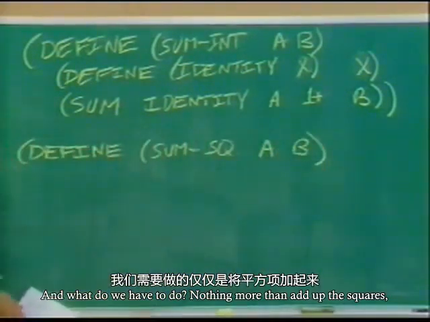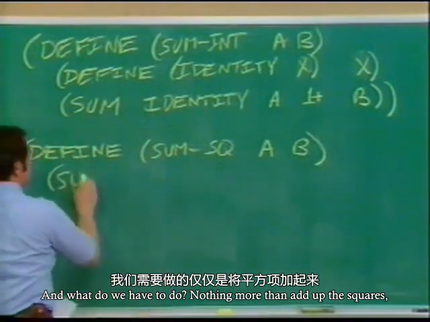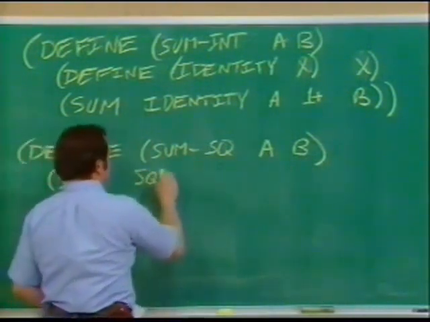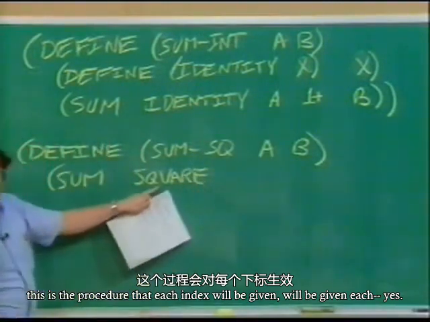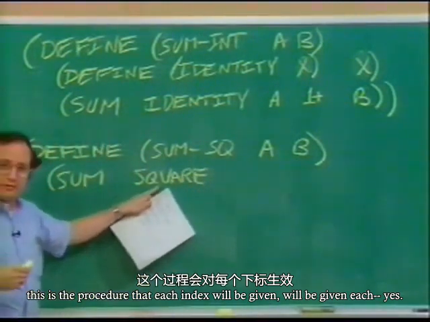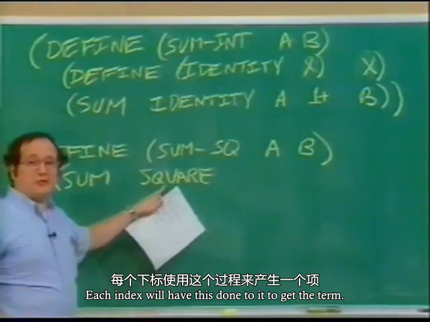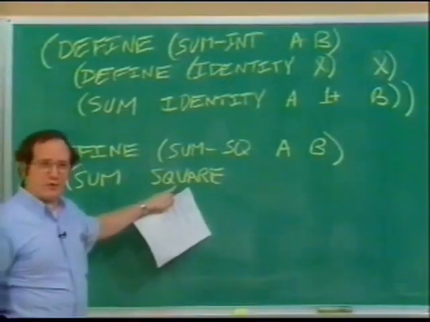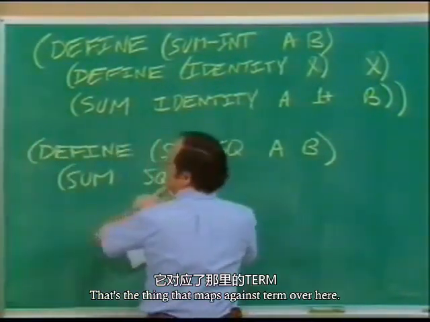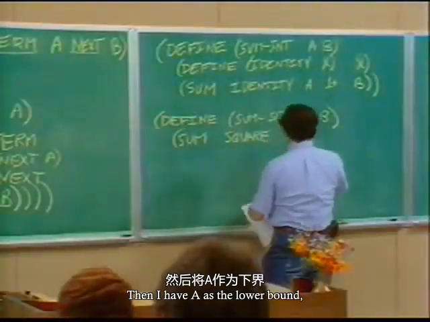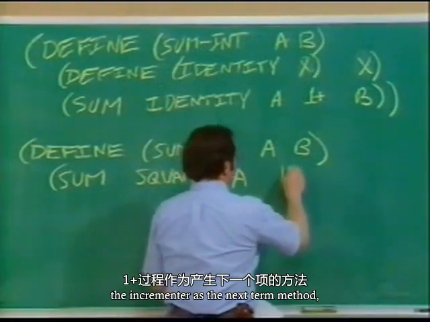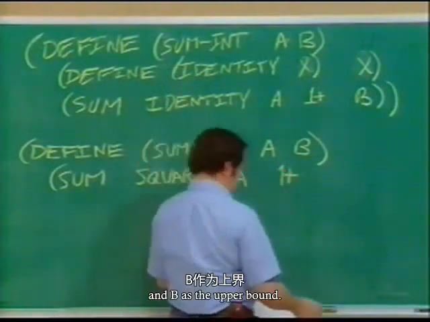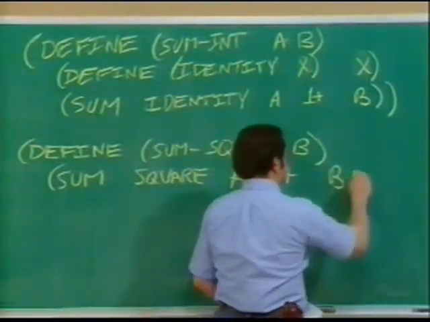And what do we have to do? Nothing more than add up the squares. And this is the procedure that each index will be given. Each index will have this done to it to get the term. Okay, that's the thing that maps against term over here. Then I have A as the lower bound, the incrementer as the next term method, and B as the upper bound.